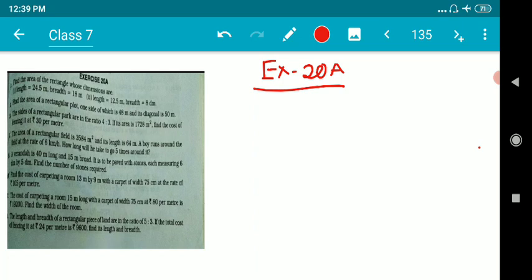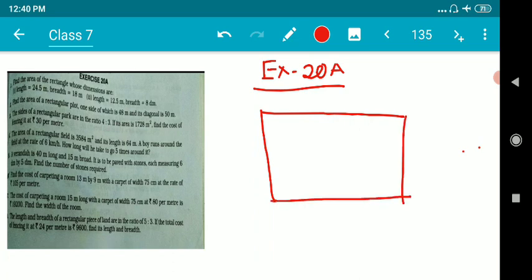Here the question is given: find the cost of carpeting a room 13 meter by 9 meter wide, with a carpet of width 75 centimeter, at the rate of rupees 105 per meter. So children, there is a room. I need to draw a room first. The room of course is in rectangular shape because the dimensions are given.